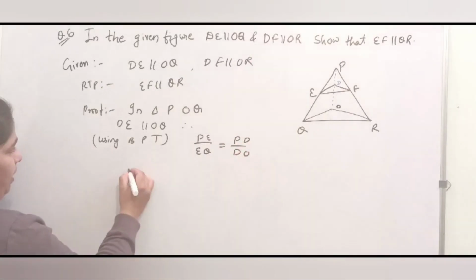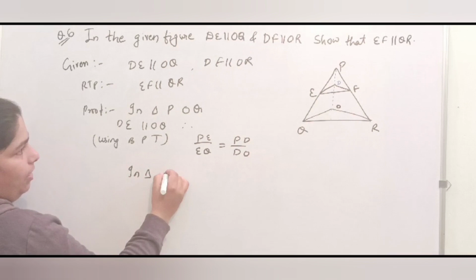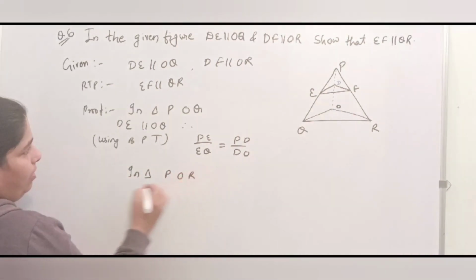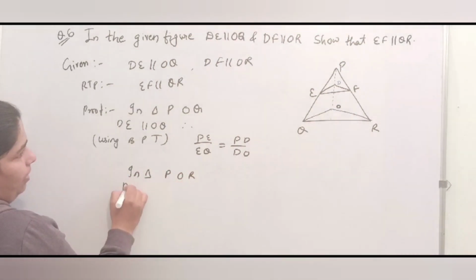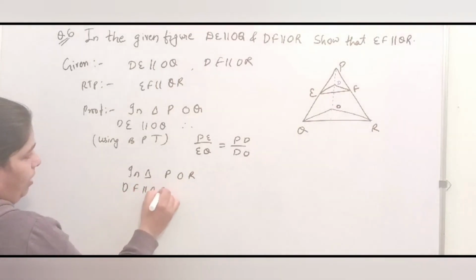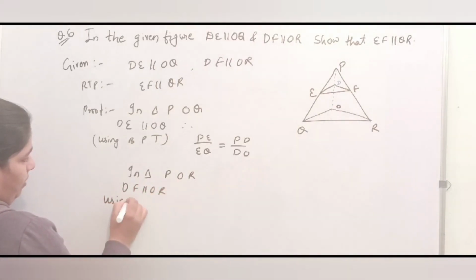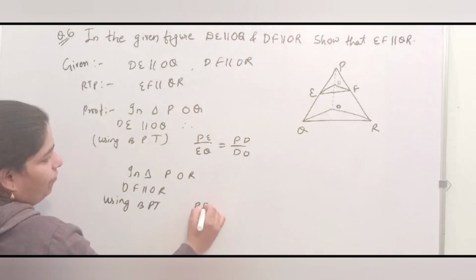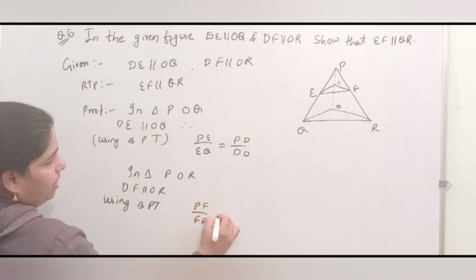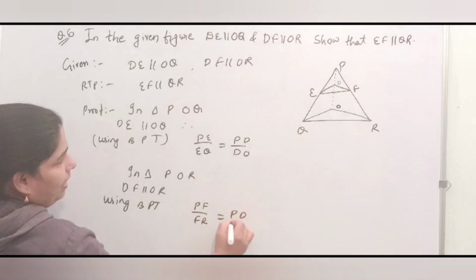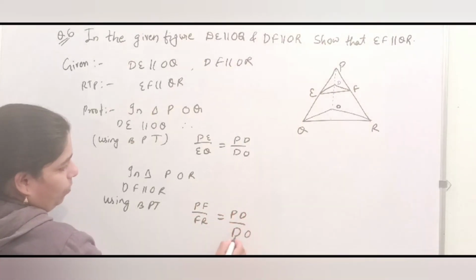Similarly, in triangle POR, we are given DF parallel to OR. Again, by using the basic proportionality theorem, PF by FR is equal to PD by DO.